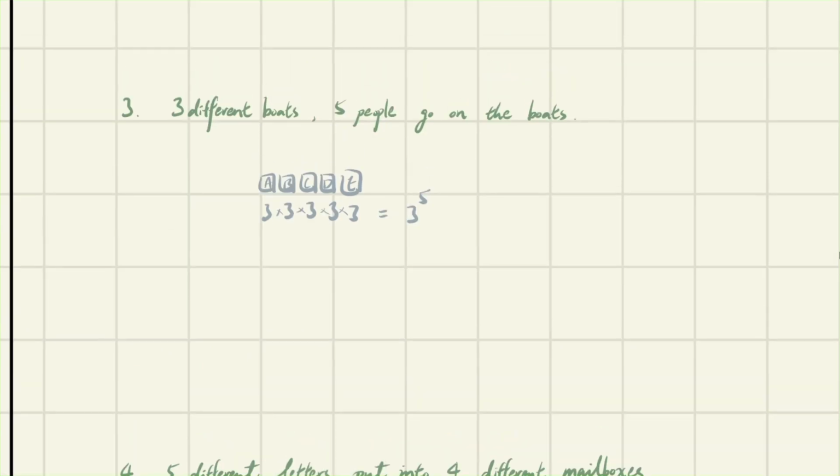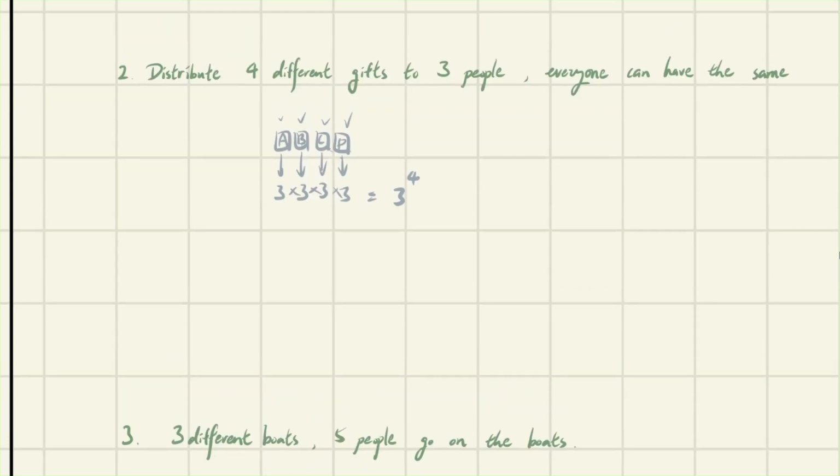Again, question 3: 3 different boats, 5 people go on the boats. What is repeatable, and what is not? The boats are repeatable, because any number of people can be on a boat, but a person cannot be separated into 2 to go on different boats. So the boats are the base, and the people go to the power.